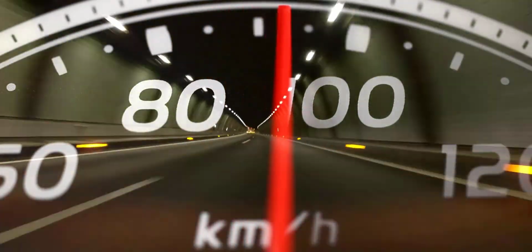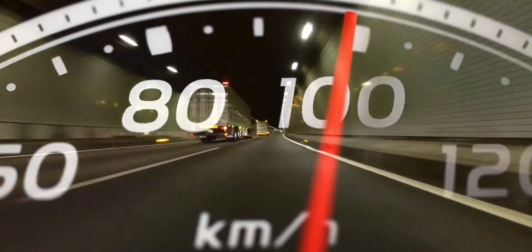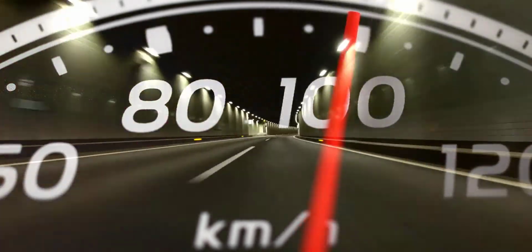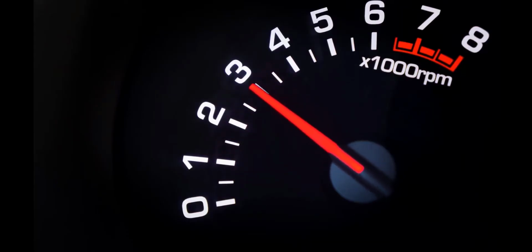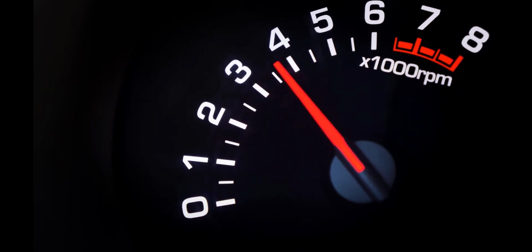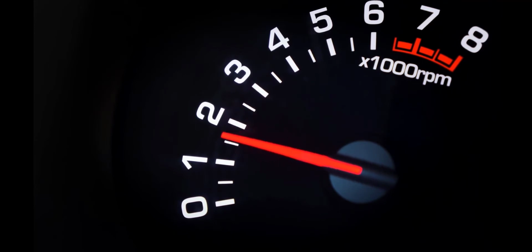For example, you will have the speed indicator on your car's dashboard, which tells you how fast you are driving. Sage's sales and purchases dashboards tell you how much sales you have made in a year and how much these have cost you. The revolutions indicator on your motorcar's dashboard gives you information about your motorcar's engine, how hard it is working, and when you must change gears.